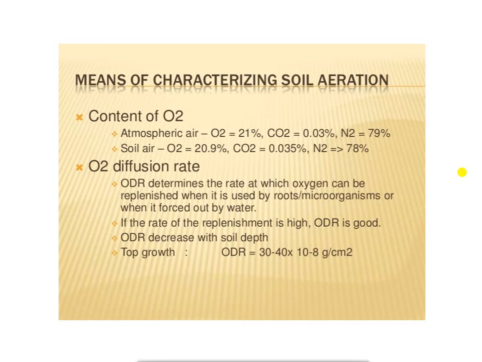It is called oxygen diffusion rate. ODR decreases with soil depth. Top growth of roots is observed under ODR of 30 to 40 times 10 to the power minus 8 gram per centimeter square per minute.